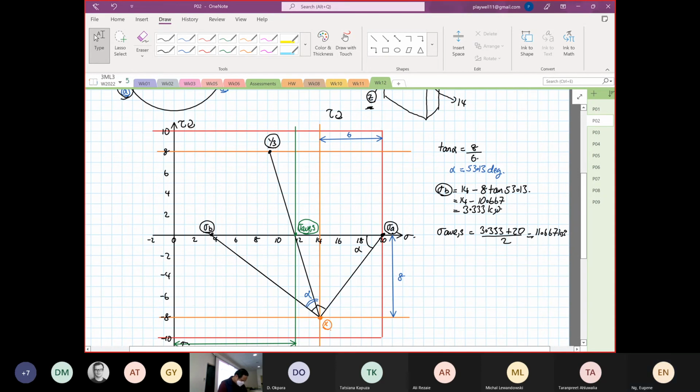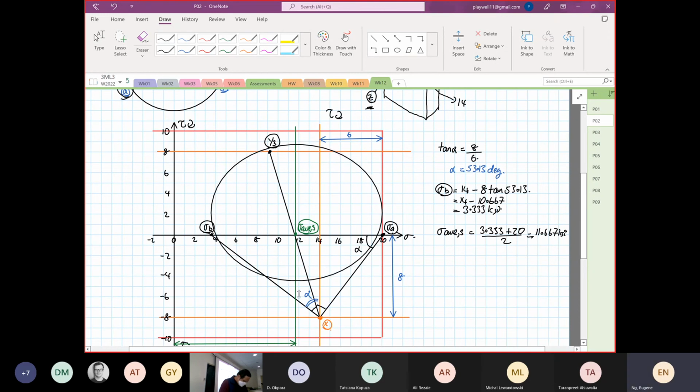Okay, our Y3. Now we calculate our Y3. Again, we are going to use the rules of the circle. So if there is alpha, right? Now, before I say how we find it, let me draw the Mohr circle first. So we know our stress A or stress B. And then I'm going to bring this up.